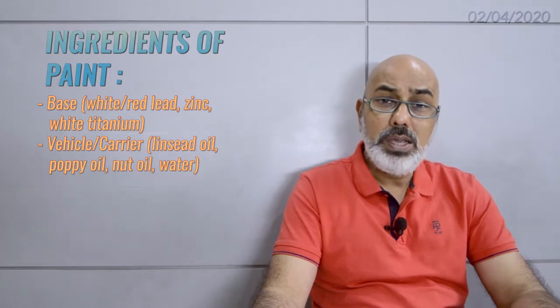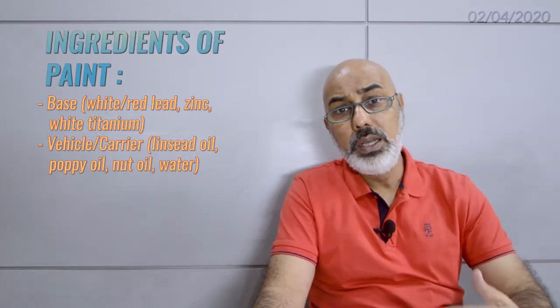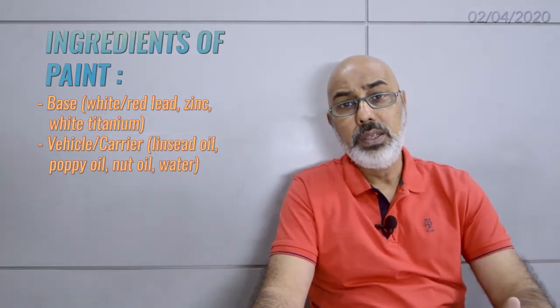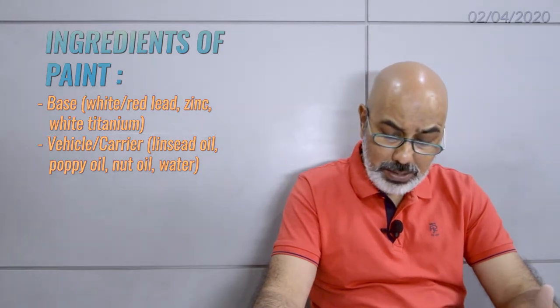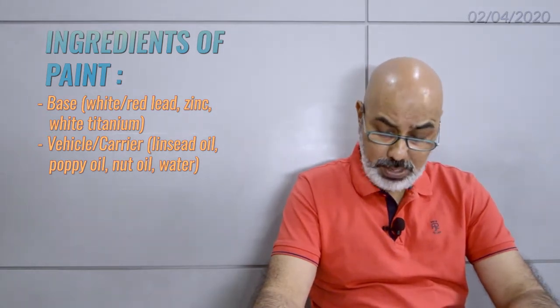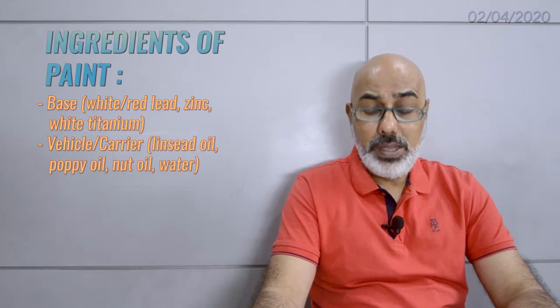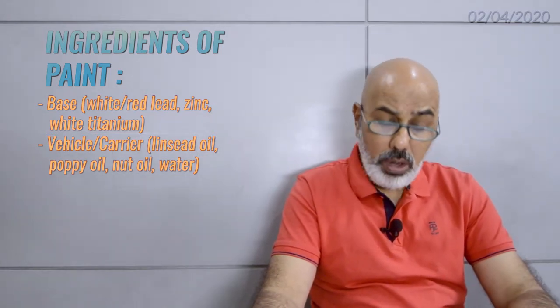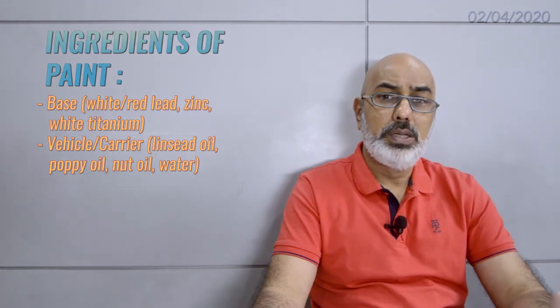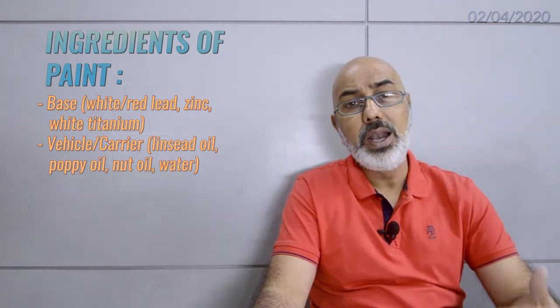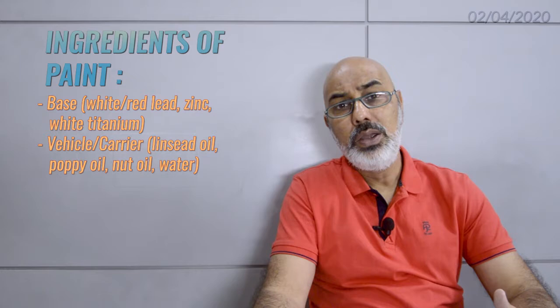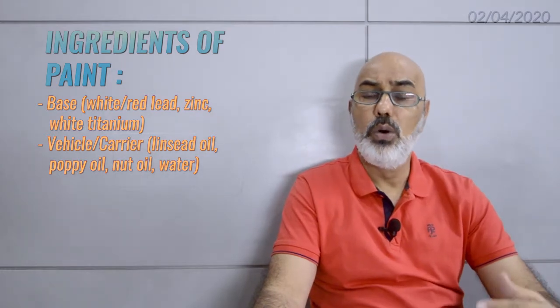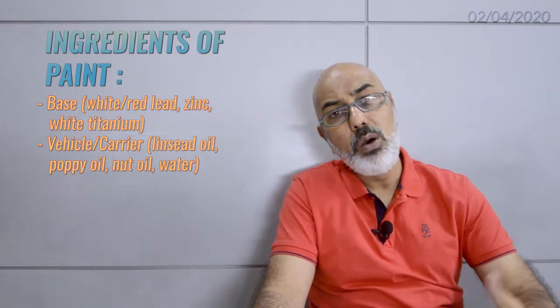And the type of vehicle I use with the base is either a linseed oil in different form. It can be poppy oil, nut oil, or even water. See, this is where I classify my paint, whether it can be a water-based paint or an oil-based paint.